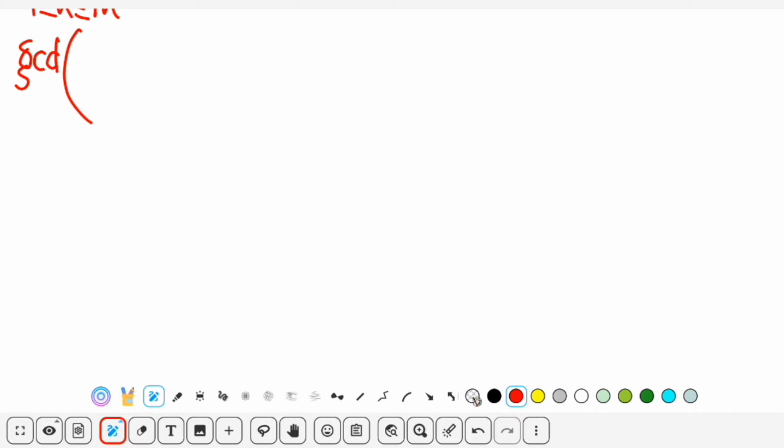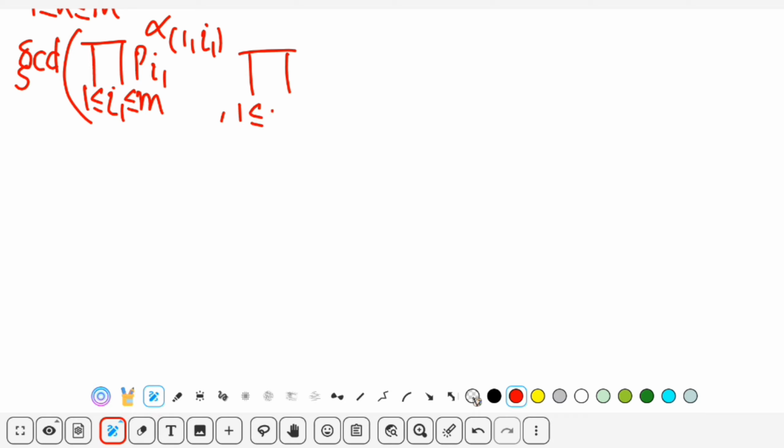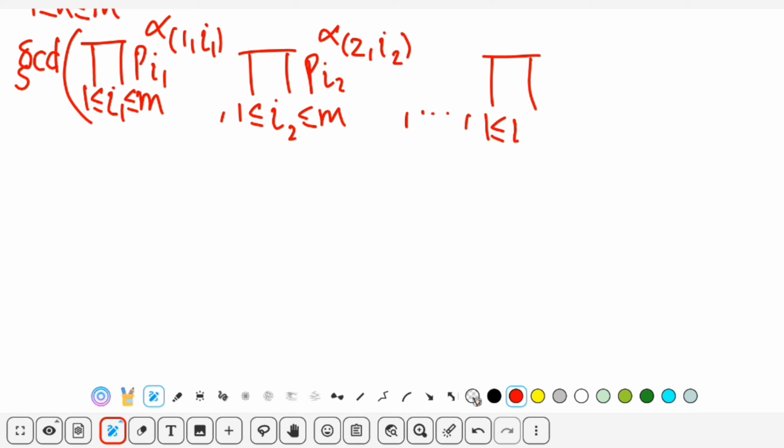So GCD of the product for 1 less than or equal to i1 less than or equal to m of pi1 raised to the power alpha 1,i1, the product for 1 less than or equal to i2 less than or equal to m of pi2 raised to the power alpha 2,i2, and up to the product for 1 less than or equal to in less than or equal to m of pin raised to the power alpha n,in.